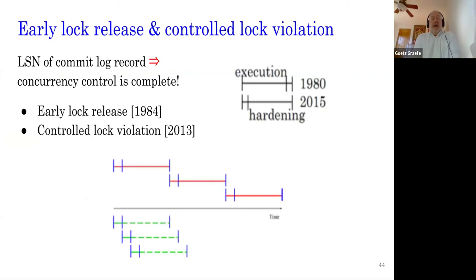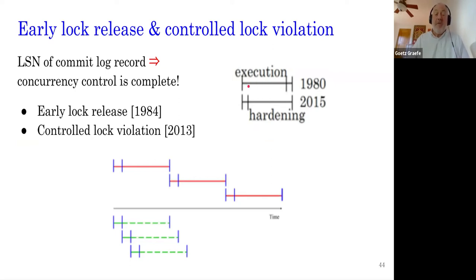In 1984, there is a famous paper. It's actually not famous for concurrency control, but for hash join, and it was one of the 3 papers that year that introduced hash join to the world. They had a comment on concurrency control and early lock release. Their observation was the following. In a traditional disk-based system with a small buffer pool and many buffer pool faults, most of the time is spent in executing the transaction application logic.